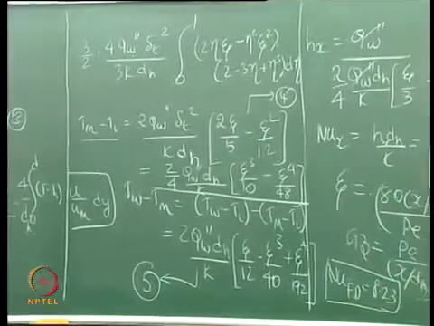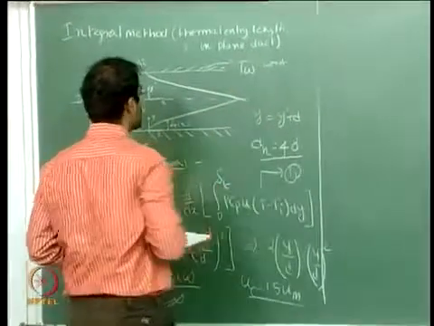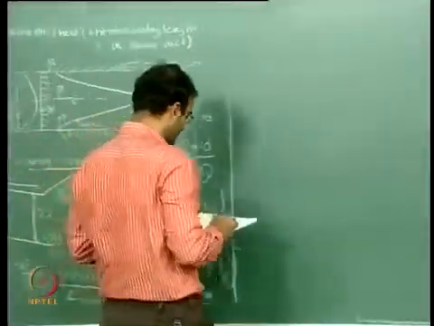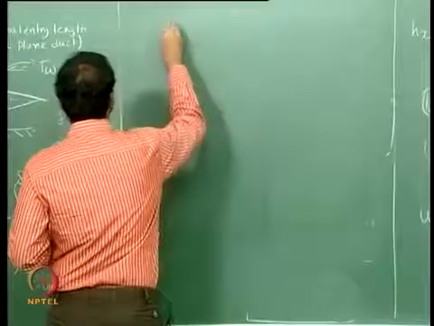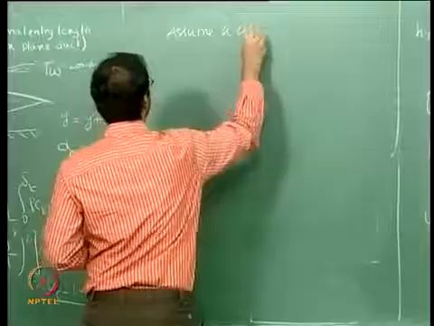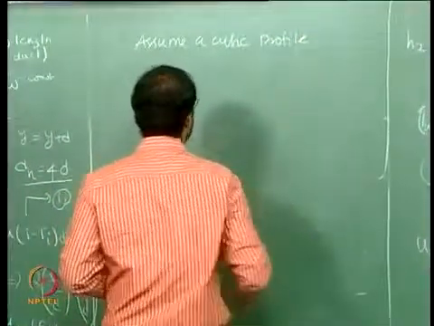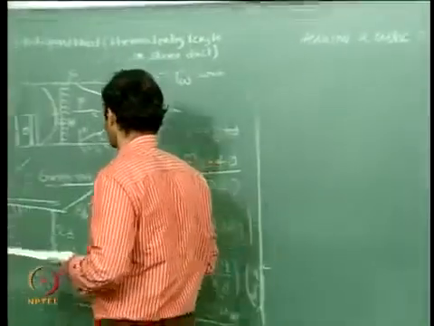So if you consider that instead of constant wall flux, you have a constant wall temperature boundary condition. Again you can assume a cubic polynomial for temperature, and you should of course use the appropriate boundary conditions.